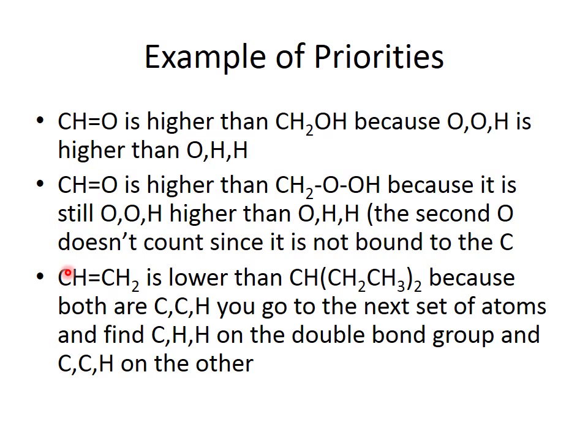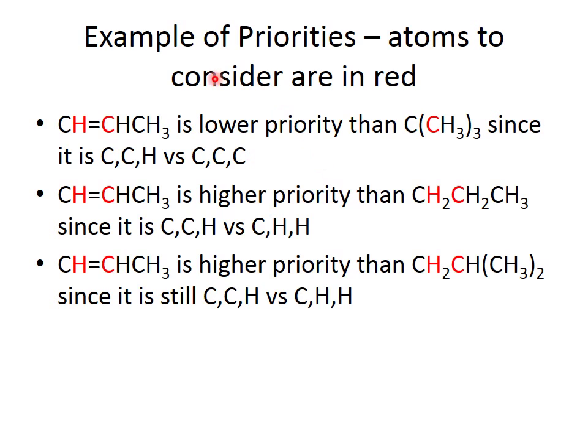What's attached to this carbon? Well, there's a carbon back and then 2 hydrogens. So carbon, hydrogen, hydrogen. What's attached to one of these carbons? It's carbon, hydrogen, hydrogen. So because it is carbon, carbon, hydrogen, this second carbon outweighs that hydrogen, so this group has priority.